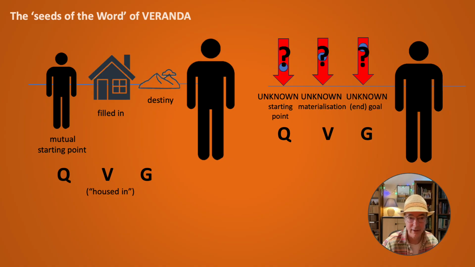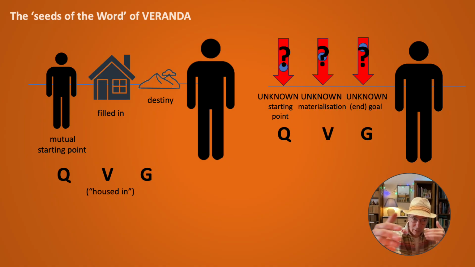Let's say this is the house, and something quite far away is a destiny, a goal, like with a G, comparable to, let's say, mountains with some clouds on top, the destiny where we can go to.